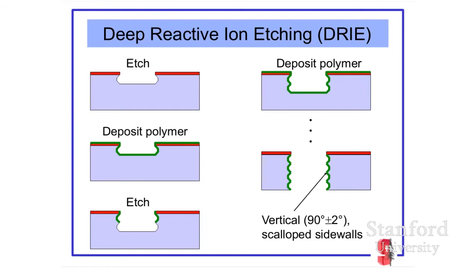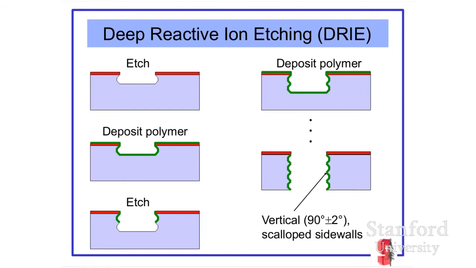Instead of getting a very large rounded sidewall, I get a sidewall that consists of these little scallops, and they can be very, very small. So when I've done this, I keep repeating this deposit polymer, then etch, deposit polymer, then etch process. I get something like what I show here in the bottom right-hand corner, where I basically get straight sidewalls.